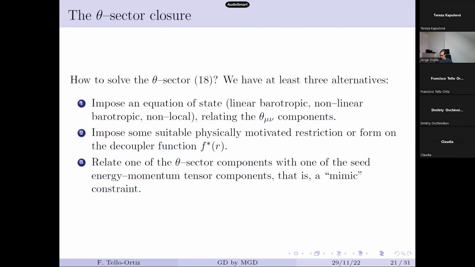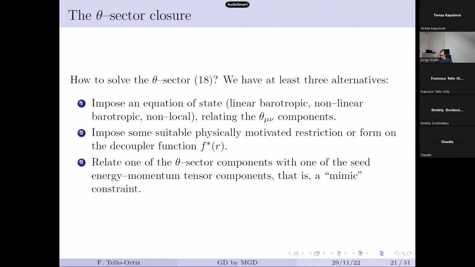If you do that, obviously you will obtain a differential equation in the deformation function. Then you can solve it, and then you are closing the problem, because after finding the deformation function f star, you come back to the set of equations and you finally find all the theta mu nu components, and the problem is closed.